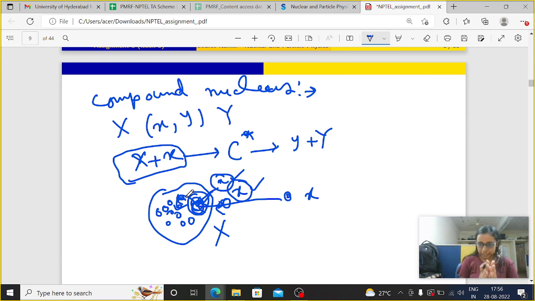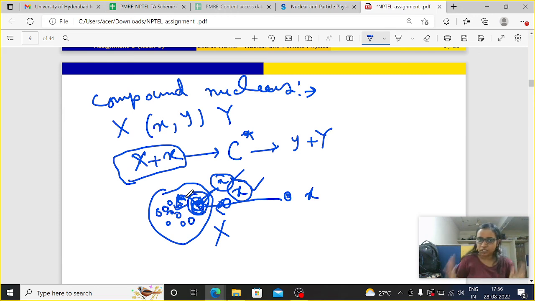So the main thing behind the compound nuclear reaction is that there is an intermediate or transition nucleus, known as the compound nucleus, and after formation it is in a very unstable state, and this unstable state makes one small y as well as one capital Y to form a stable state. So we have small y and capital Y as outgoing particles, and the initial particles were capital X and small x.